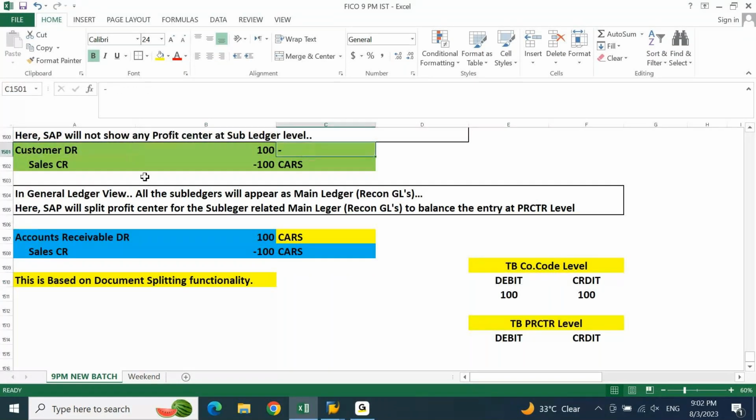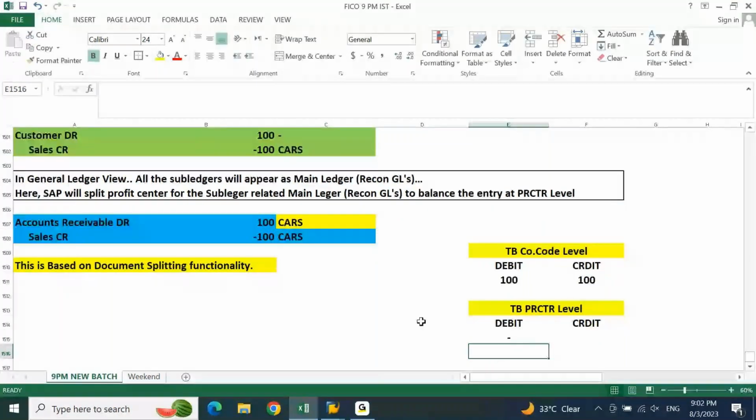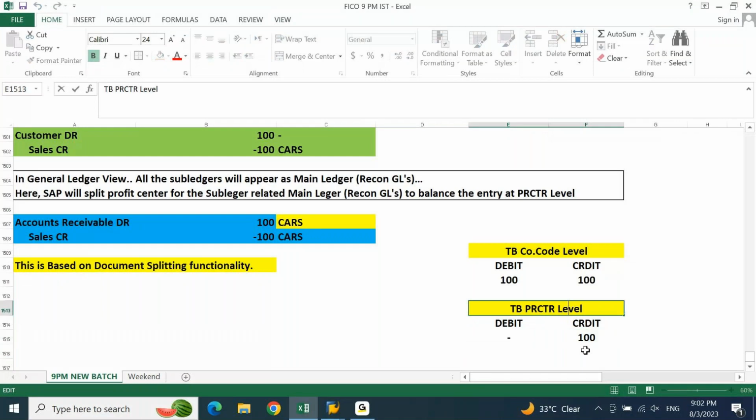So from this entry view, I am not able to write any value in the debit. On the credit side, I can find the profit center. I can put 100 here, if I put specifically at car level. By my original entry, I am not able to put any debit because there is no profit center here, correct? So if I am not able to put debit and I am able to put only credit, my TB is not matching. Is this matching?